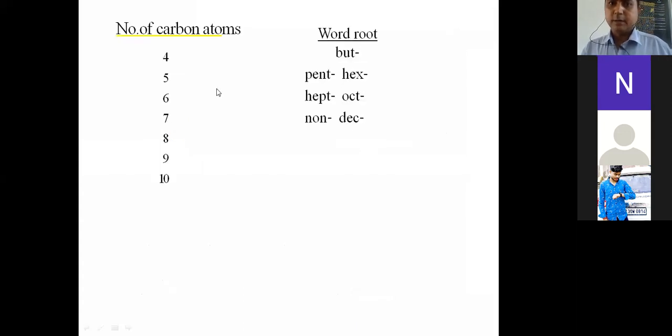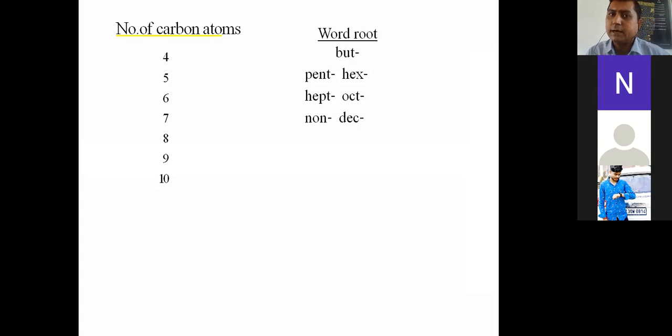Next, similarly, 4 carbon, but; 5th carbon, pent; 6 carbon, hex; 7th, hept; 8, oct; 9, non; and 10 carbon, dec. 11 carbon, undec; 12 carbon, dodec. Is it clear, students?